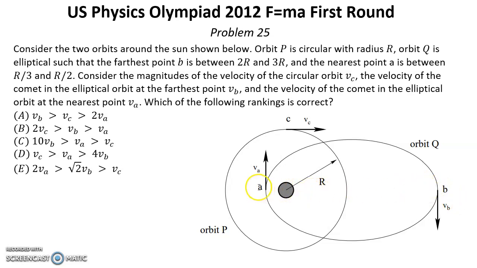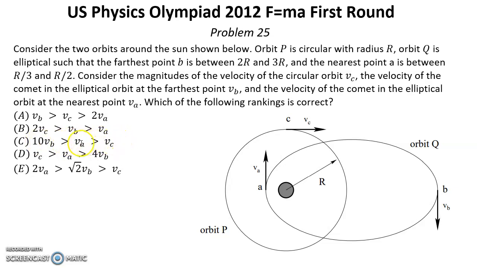It means that the biggest ratio between these two distances is 9 times. Due to angular momentum conservation, VA must be less than 9 VB, and we have 10 VB greater than VA. So this is a correct one.